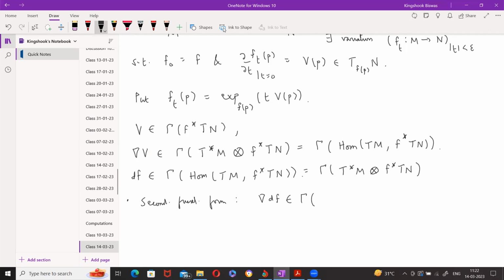So this is a section of T star M tensor T star M tensor F star TN.